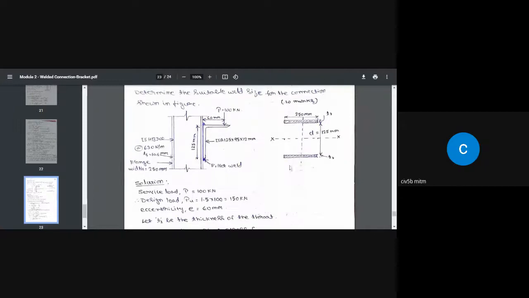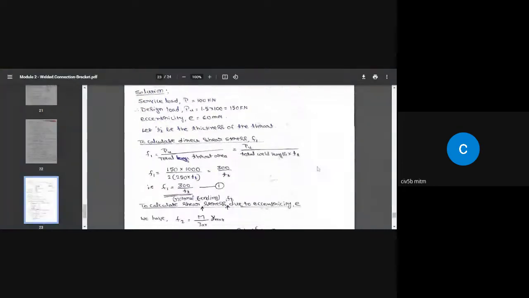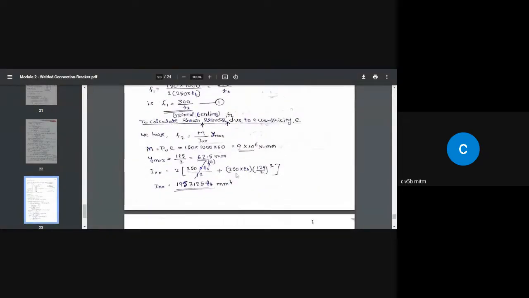And IXX is 2 times, about this axis, BD cubed by 12, that is 250 multiplied by TT cubed by 12, plus apply the parallel axis theorem, that is area multiplied by the square of the perpendicular distance between this axis and this axis. So that is 250 multiplied by TT multiplied by (125 by 2) square, that is 62.5 square. Multiply the whole thing by 2 because we have two such welds.